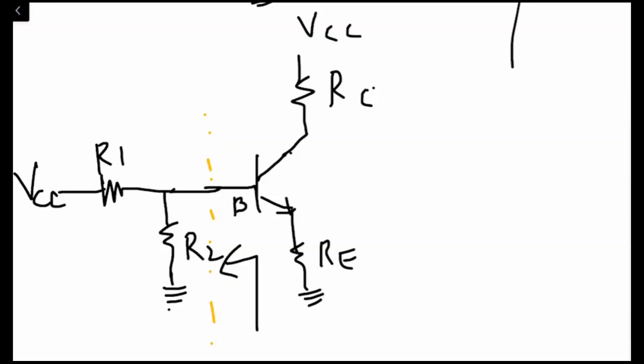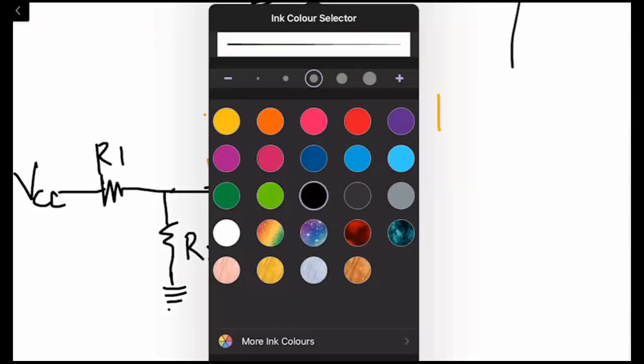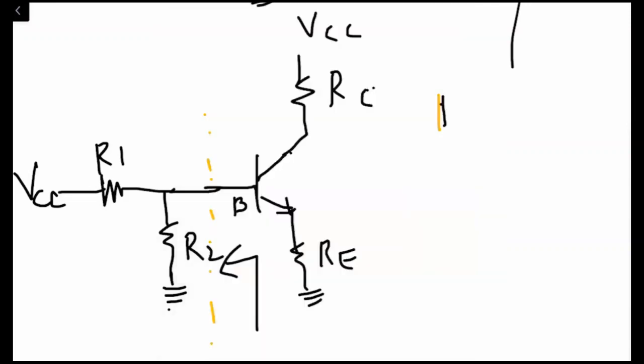And how can we do that? To find the Thevenin voltage and the Thevenin resistance. Let's suppose we start with finding the Thevenin resistance, which we call RTH. RTH is going to be the Thevenin equivalent resistance.